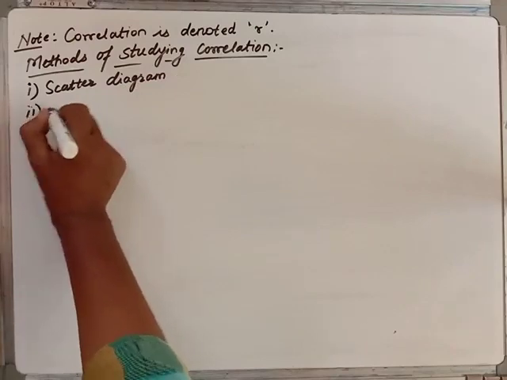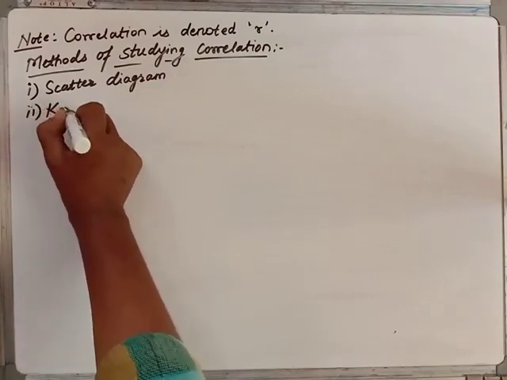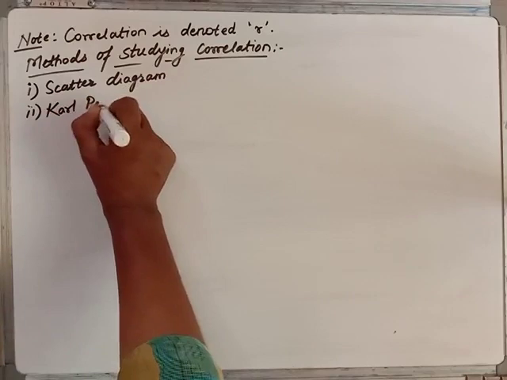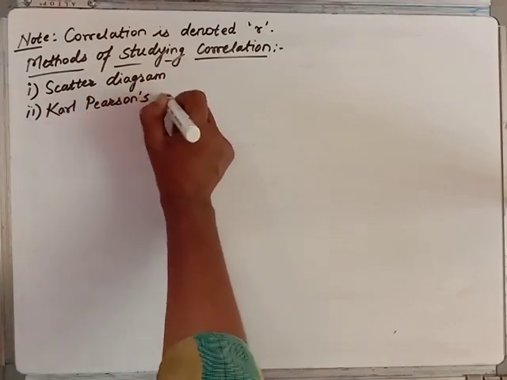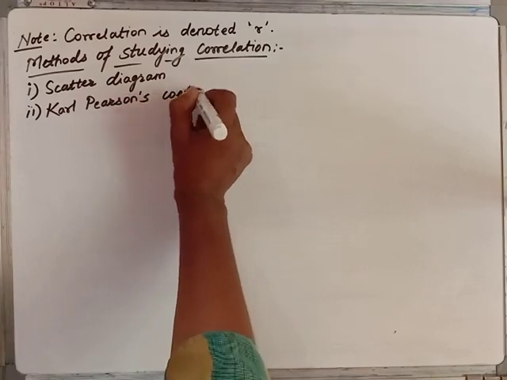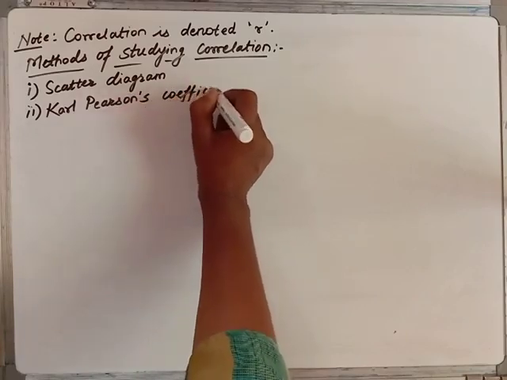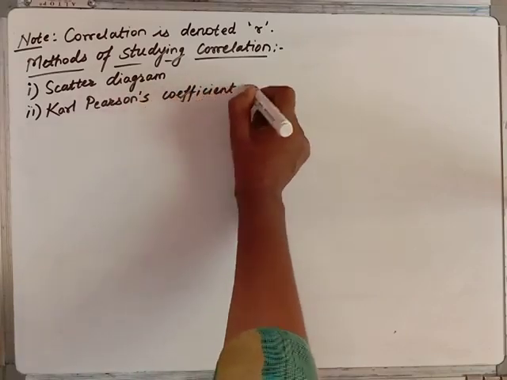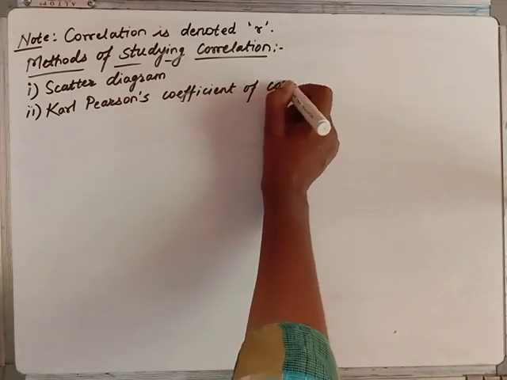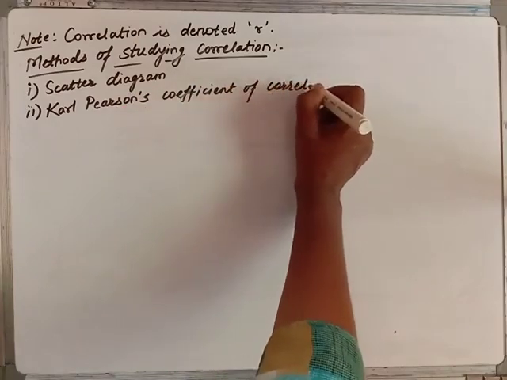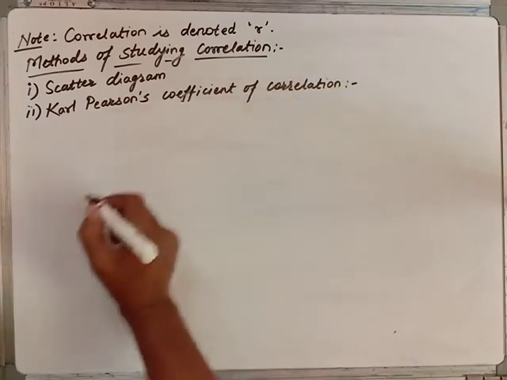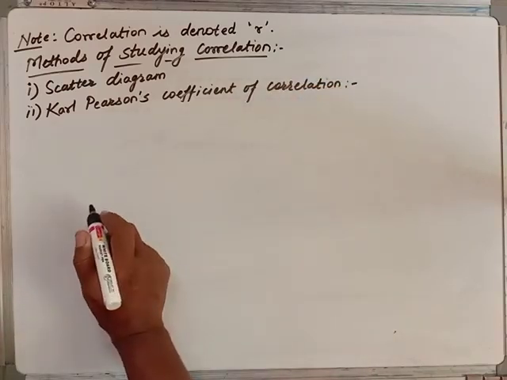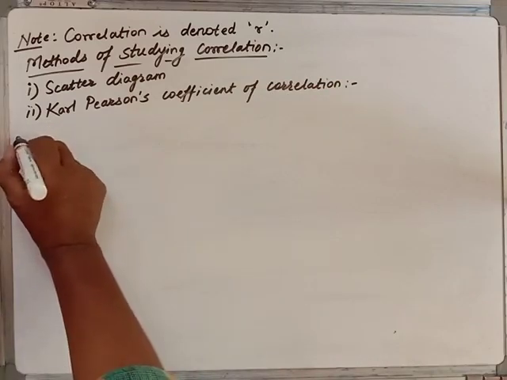Second, Karl Pearson's coefficient of correlation. So let me explain first the scatter diagram.